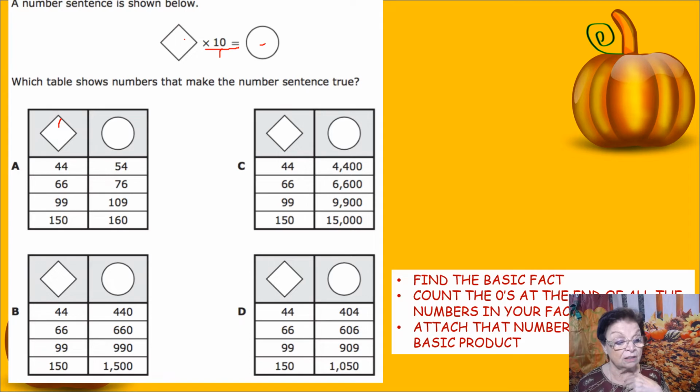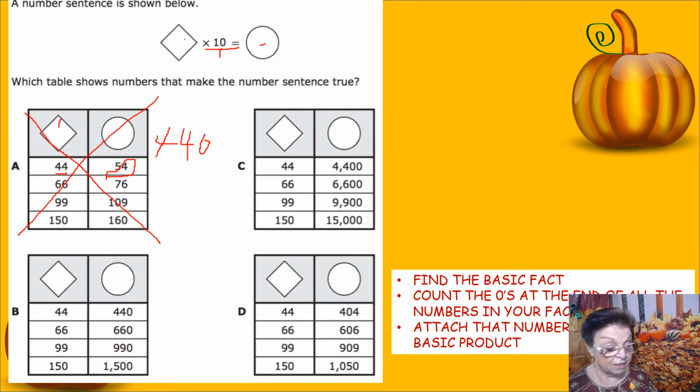Okay, let's take a look. 44 times 1 is going to be 44. If we add a 0 to it, it's going to be 440. Uh-oh. Look at this. They say 54. So we know it can't be A.